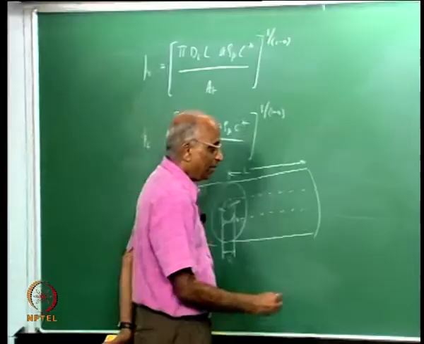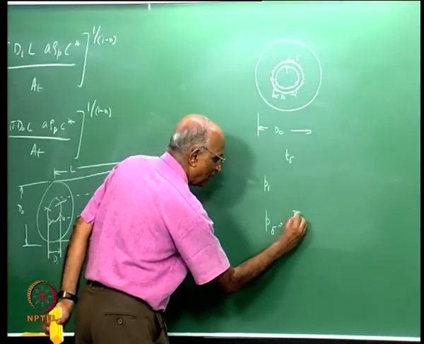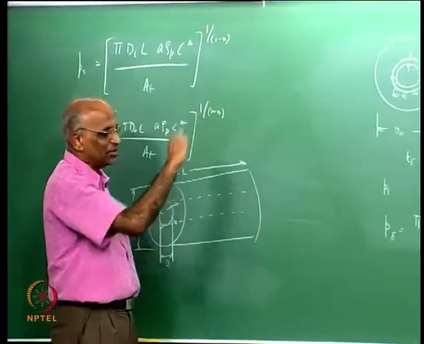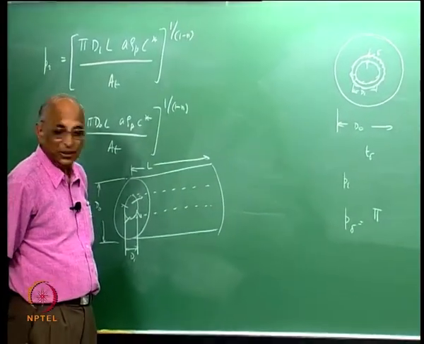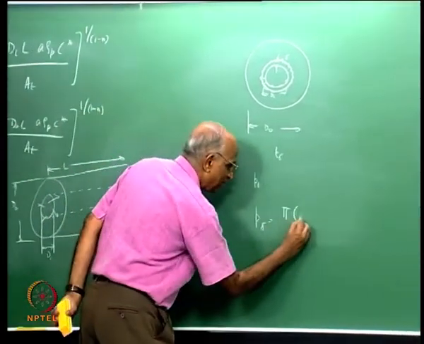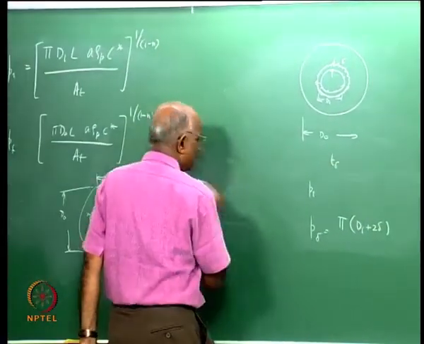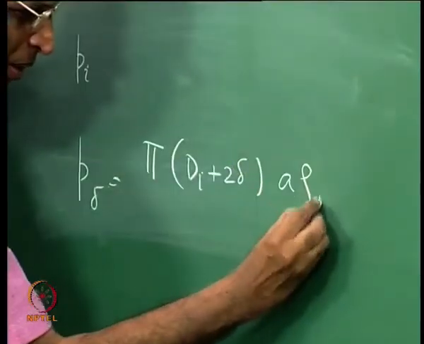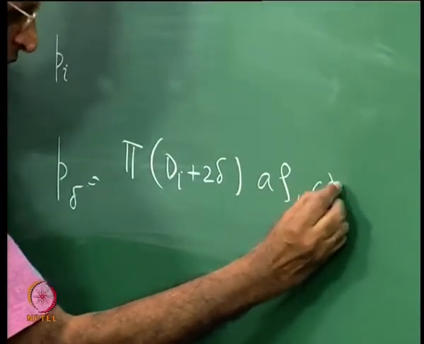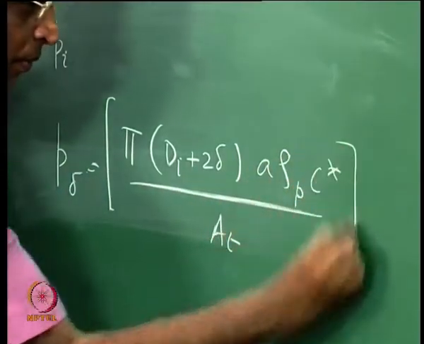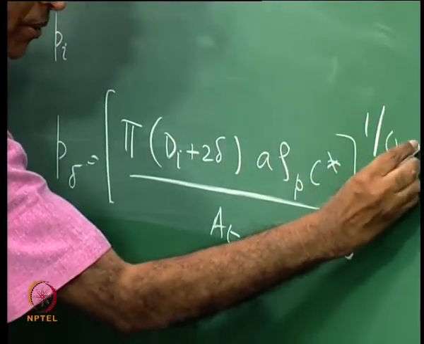Well, I say P_i. What is the value of d when the thickness burnt is delta? Yes, d_i plus 2 delta, into, I carry these things, others are all constant: A, the burn rate constant, rho_p, C star divided by throat area, to the power 1 by 1 minus n.